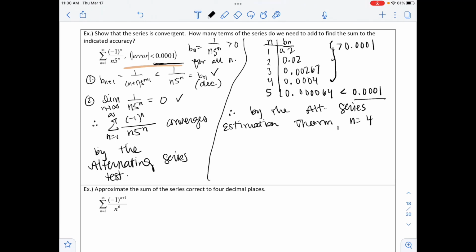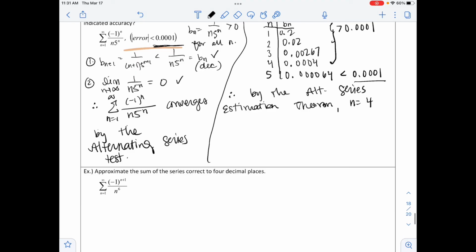And so stating this in words, this is because if you add the first 4 terms to get the sum to desired accuracy, since the fifth term is less than that desired accuracy, we need to add the first 4 terms to get to the sum of the desired accuracy. So again, adding those first 4 terms gets to the sum of the desired accuracy. After that, it's affecting more precise accuracy. And so since the fifth term is less than that desired accuracy, we need to add the first 4 terms to get the sum of the desired accuracy.